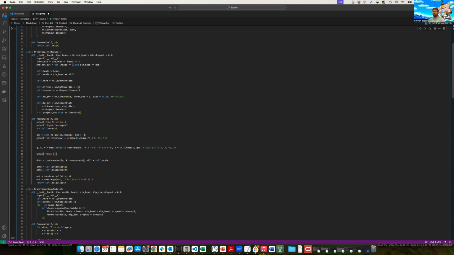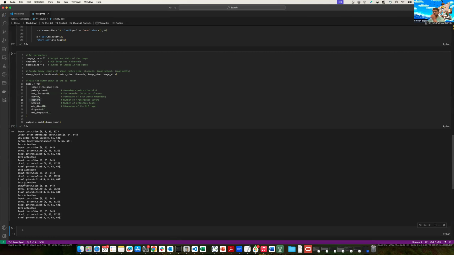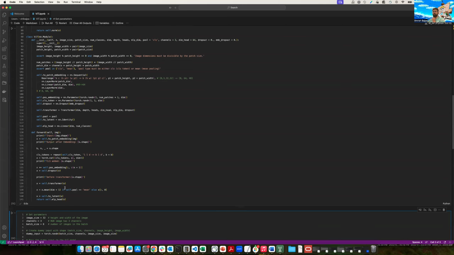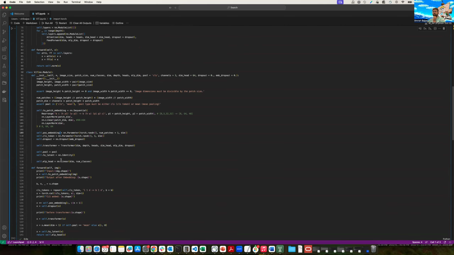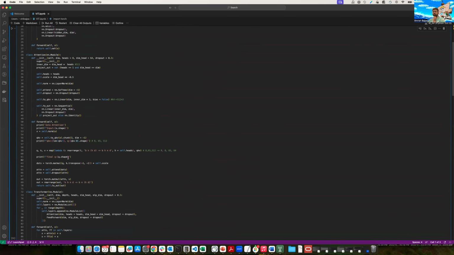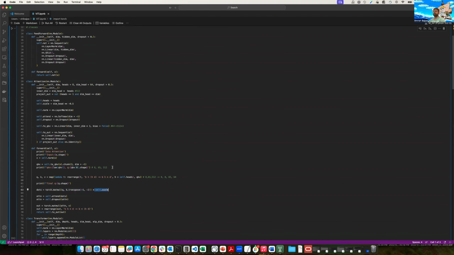Let's print the final K and Q size. Now here we are doing a matrix multiplication of Q and K, so a dot product, and we scale it, meaning dividing to normalize it.